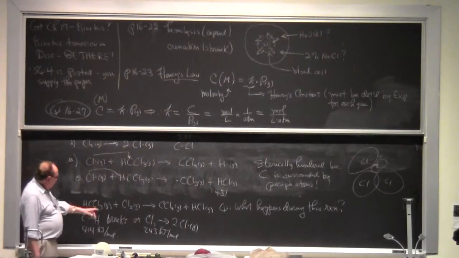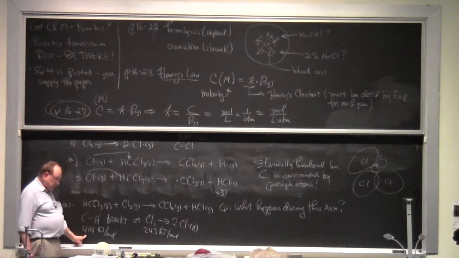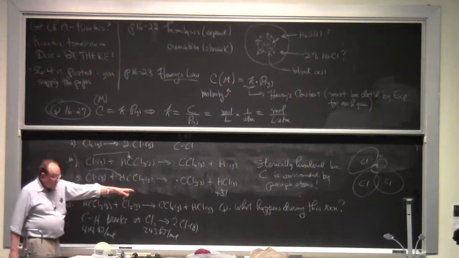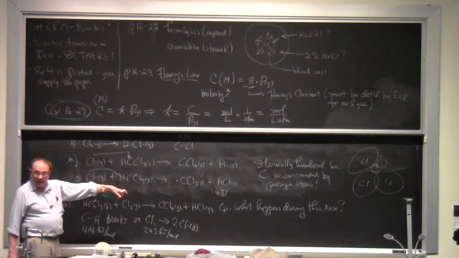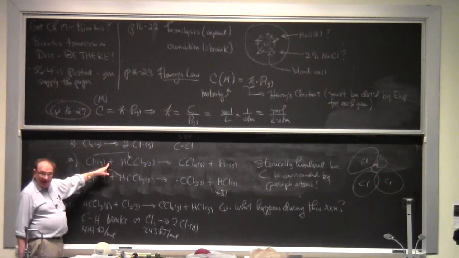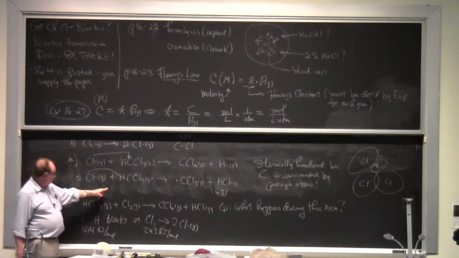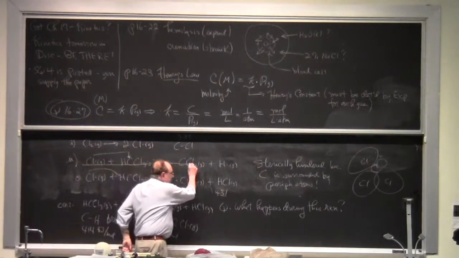So this involves breaking a carbon-hydrogen bond, a cost of 414, but we get a payoff of 431, making the hydrogen-chlorine bond. So this one is exo. This is endo, and this is sterically hindered. So what's your better bet for step 2? This or this? This one. All right, so out goes this.